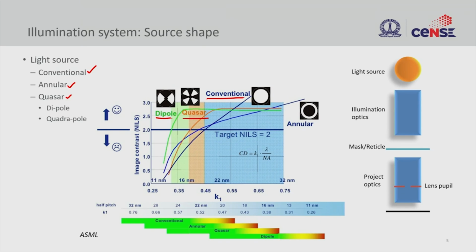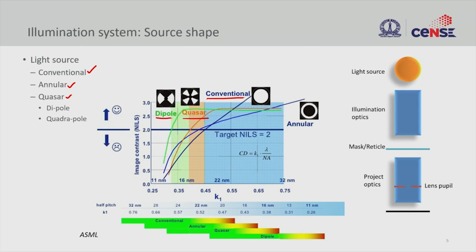So what is the purpose of doing this sort of varying source shape? The primary reason for using different light source shapes is to engineer your diffraction. When you have conventional light sources, you will have diffraction shapes according to your light source.